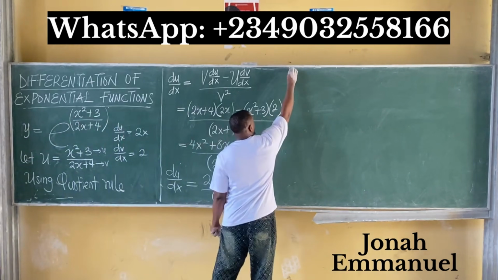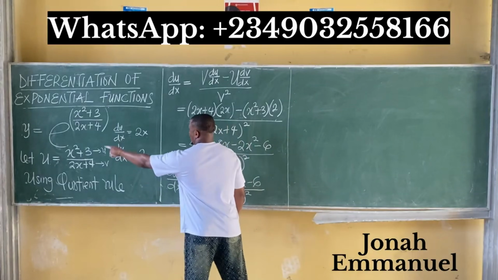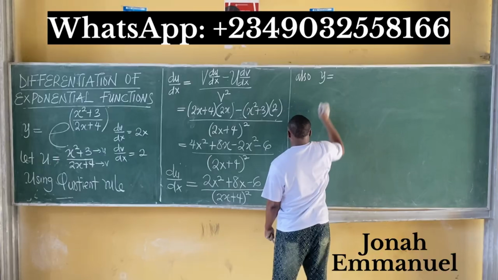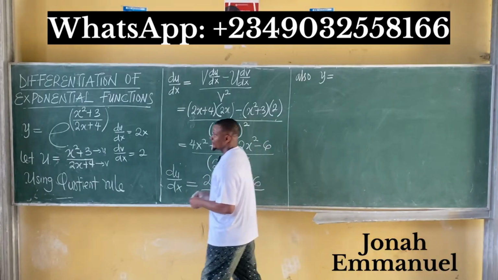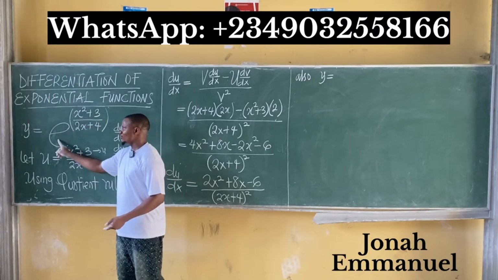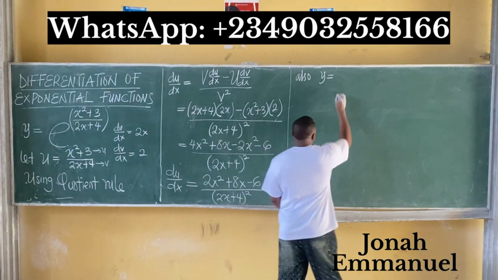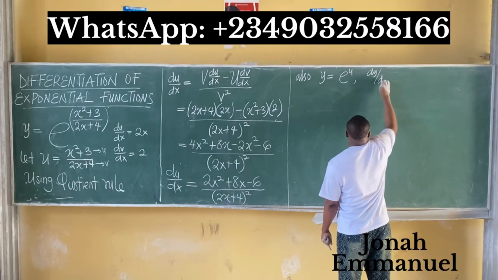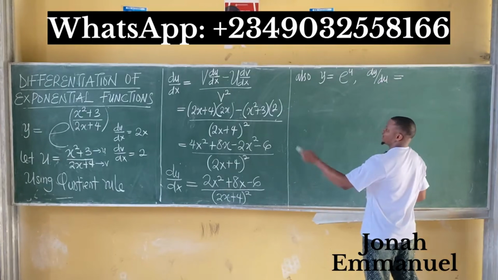Okay, so back to my major question. y will be equal to exponential u. Normal chain rule now. We call this u. So y becomes exponential u. What is dy du? If I differentiate exponential u, what do I get?